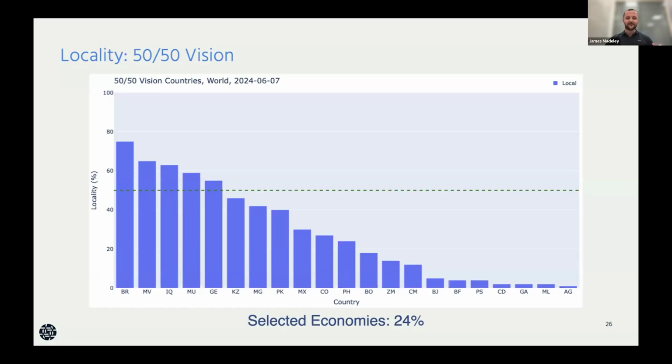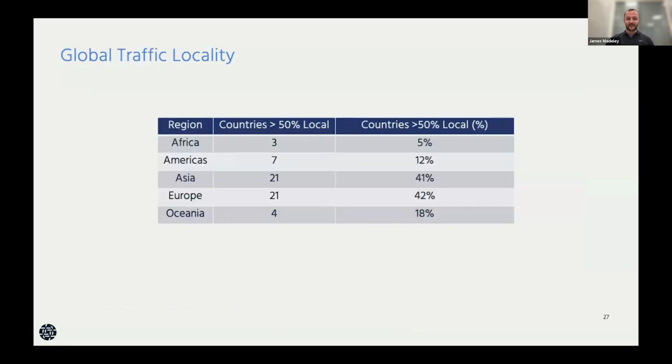As we can see here, 24% of countries have achieved a 50% locality. If we then consider the global traffic locality, also 24% of countries have achieved this 50-50 vision. And so that shows that the initial selection of countries was representative of the global situation.